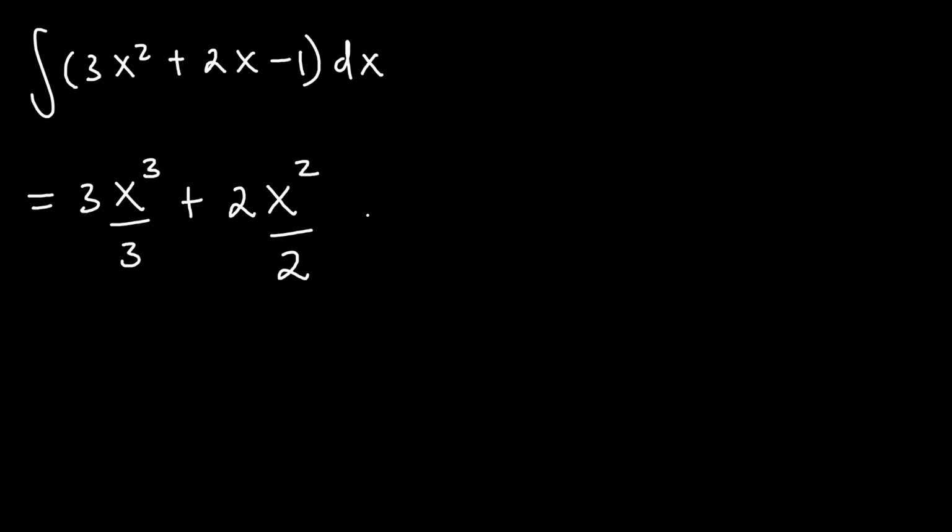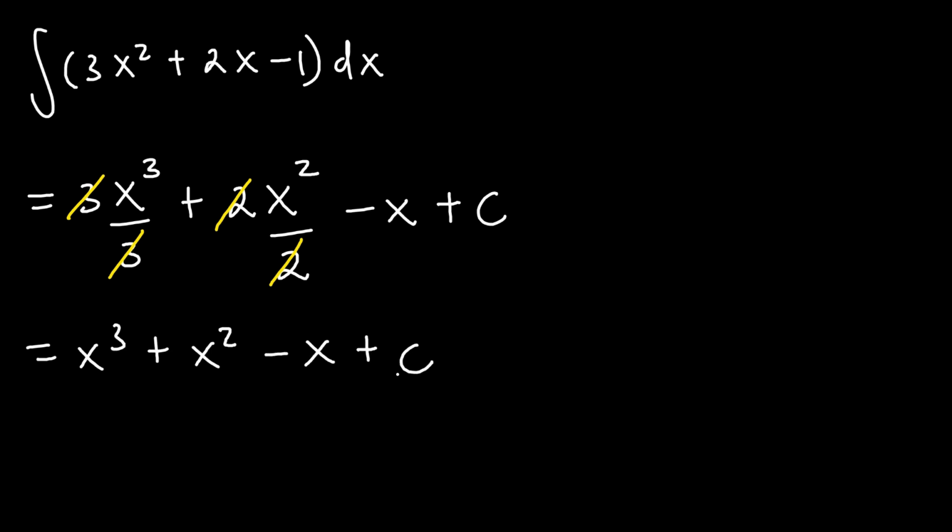And then negative 1 will become negative x plus c. Now this 3 will cancel with that, and then this 2 will cancel with that. And so we shall have x to the power of 3 plus x to the power of 2 minus x plus c. And to simplify this, let's pull out x. So we shall have x into x to the power of 2 plus x minus 1, and then plus c.